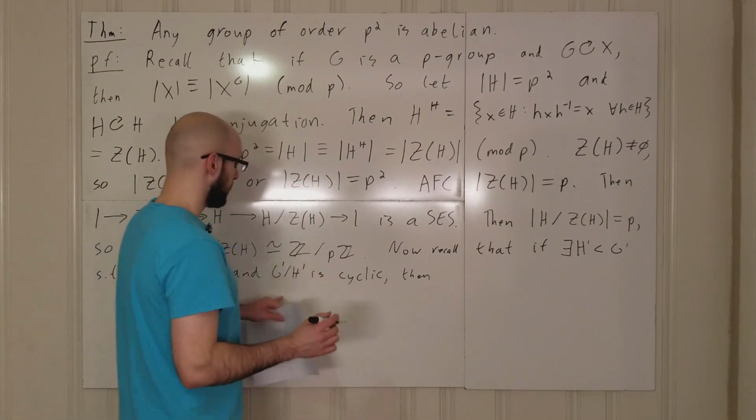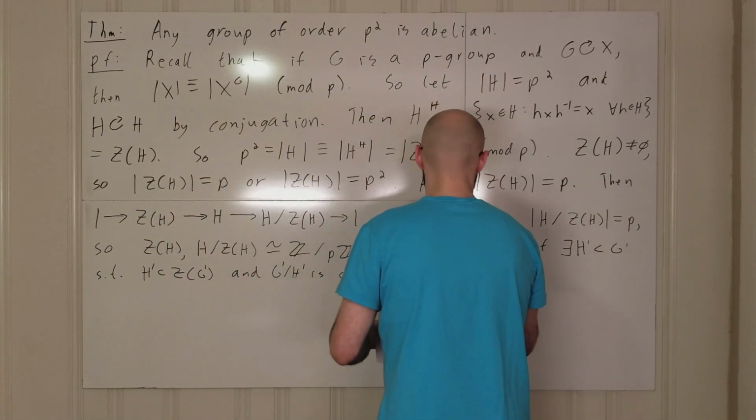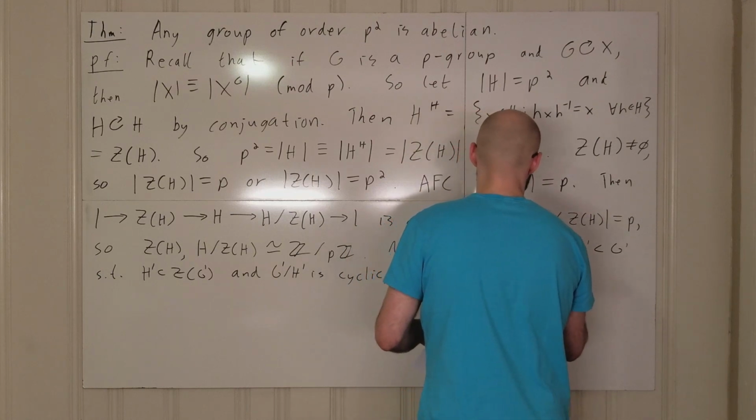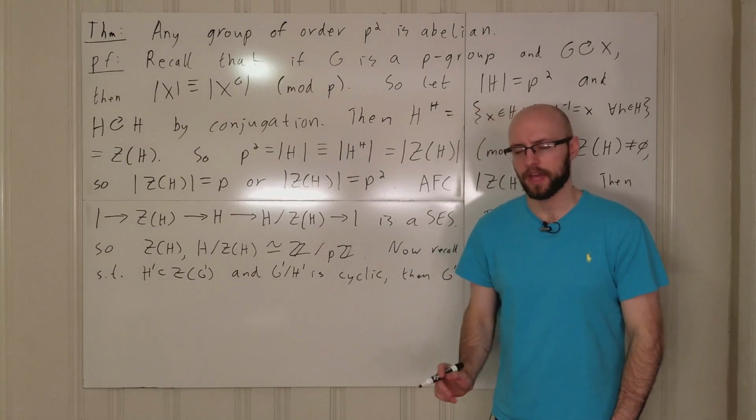So, and this is cyclic, then G' is abelian. And that's actually not too difficult to prove, but it is a really useful fact.